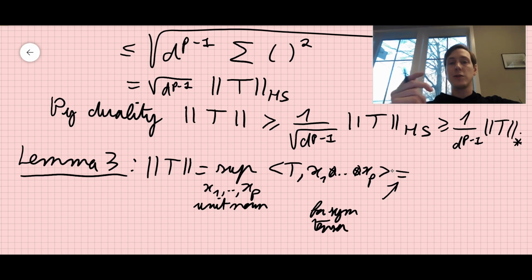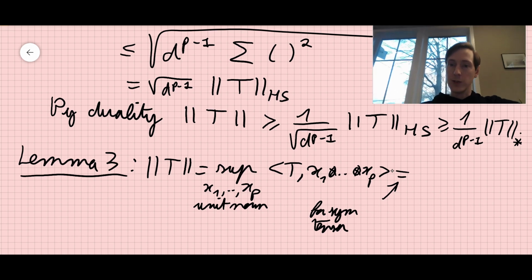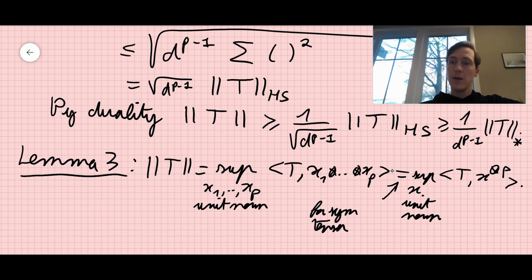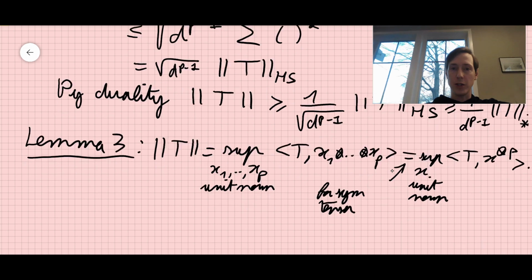A symmetric tensor is such that the entry I1 up to Ip is the same as any permutation of the indices. Or equivalently, it's a linear combination of symmetric rank 1 tensors. So for symmetric tensors, this is in fact the supremum over just x on the unit sphere of T applied to x to the p. And I won't prove this. You can easily do this by induction.